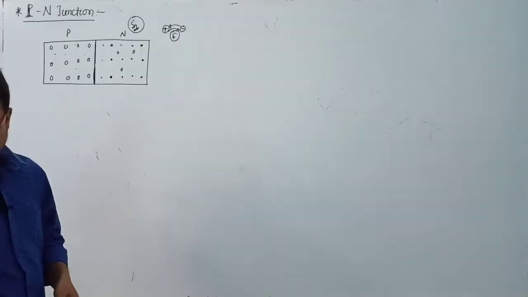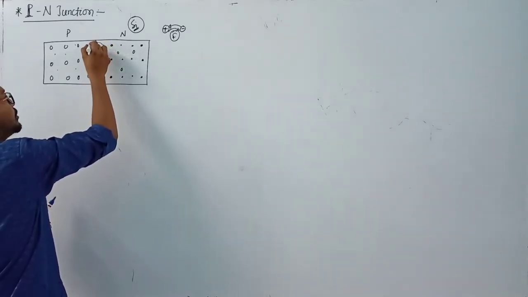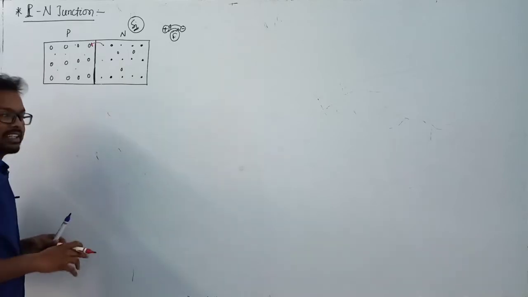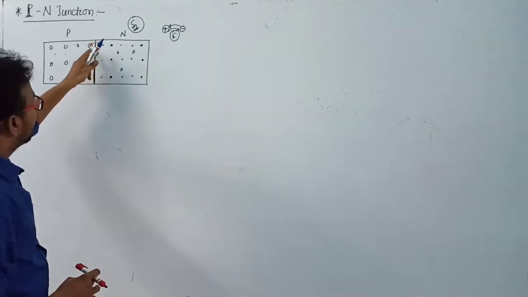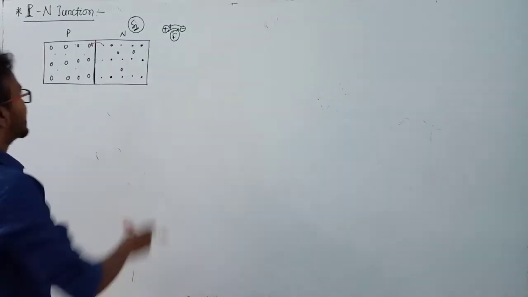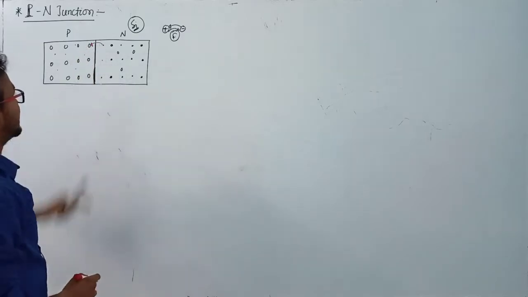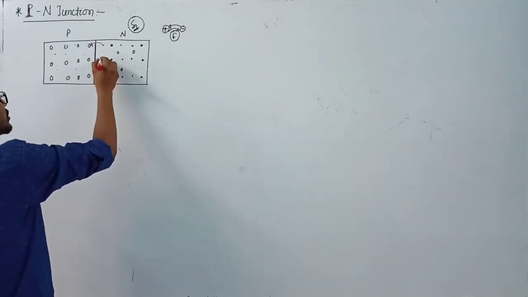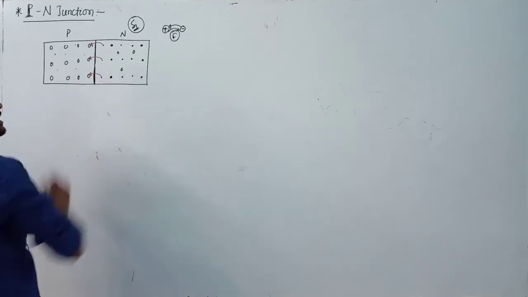So in this case, the electron moves towards the positive, because the hole is a positive charge, so the electron moves towards the positive due to diffusion. Now the electron combines with the hole and is neutralized at this point. Clear? Similarly, this electron also jumps here and this electron also jumps here.